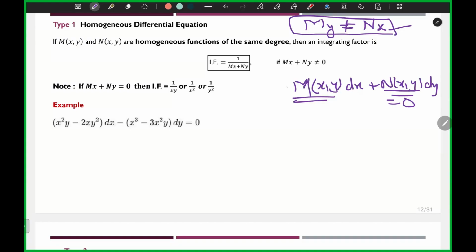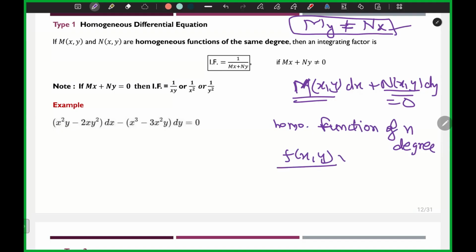Can anyone tell what is a homogeneous function of degree n? When we say f(x,y) is a homogeneous function of degree n? Anyone?